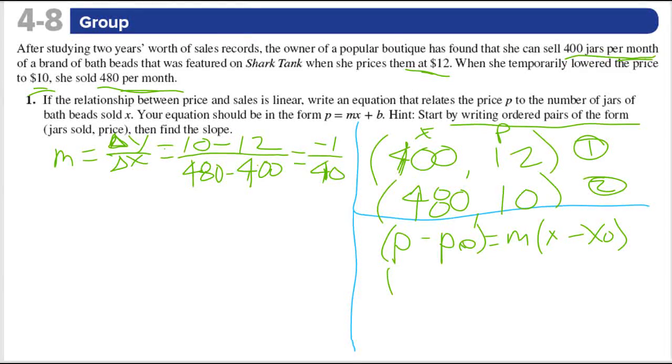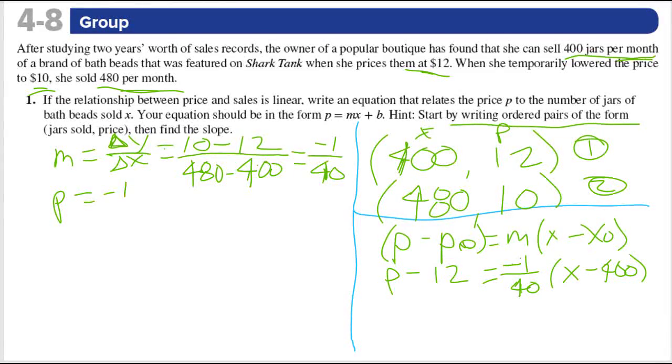So I'm going to say p minus, I'm going to take the 12 for my p0, which means that I need 400 for my x0.